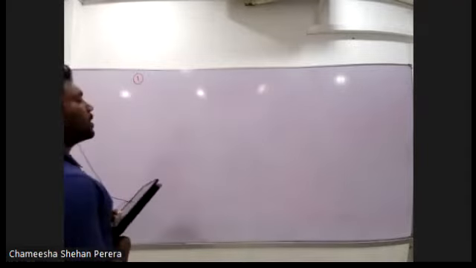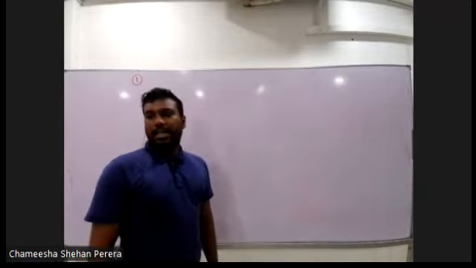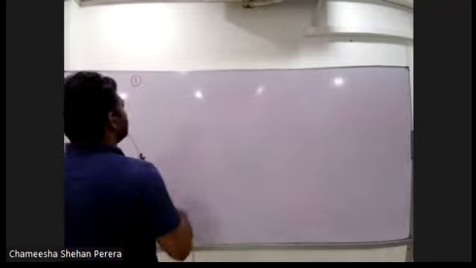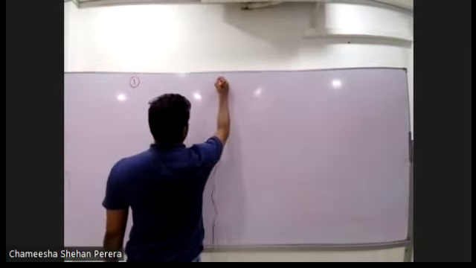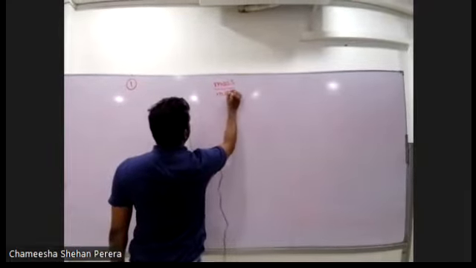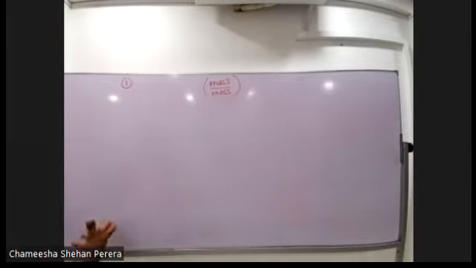In front of this heading, write mass fraction, mass divided by mass. So we are going to indicate the composition of a mixture in terms of mass fraction. This is how we do it, right?